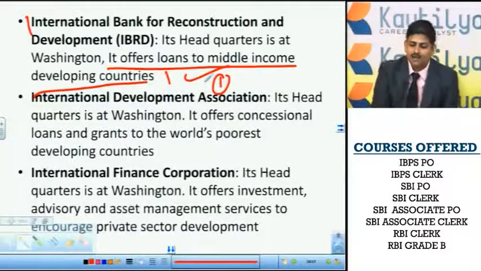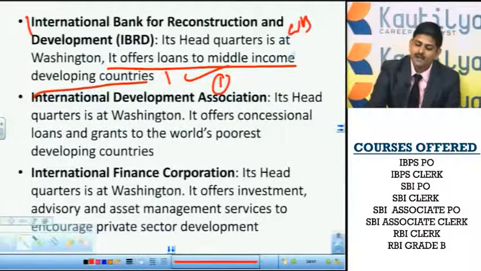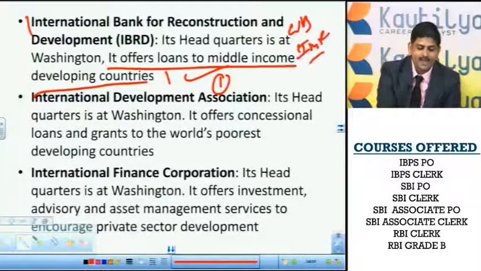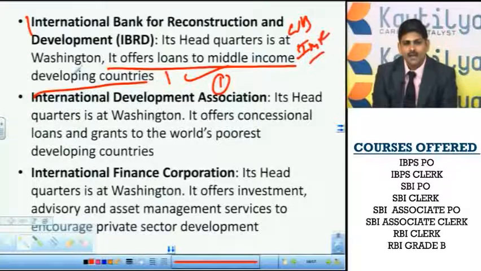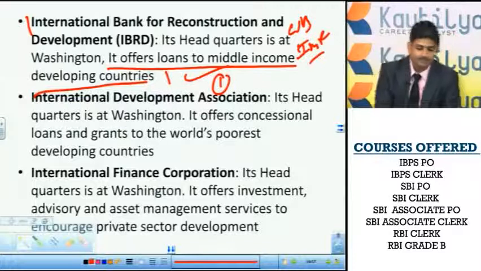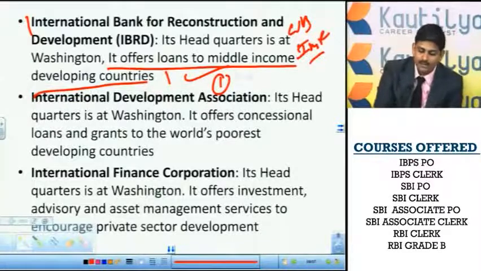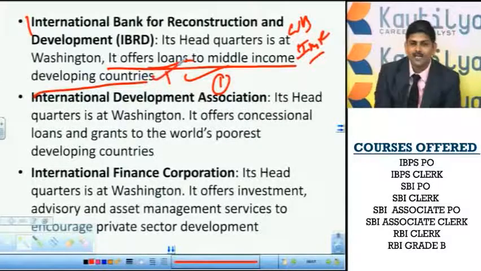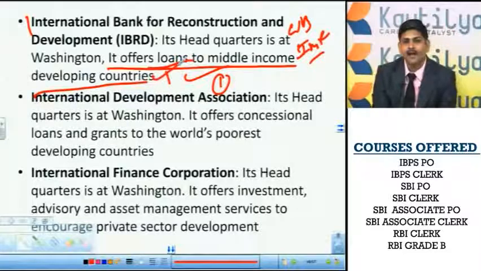That is not the IMF, that is the IBRD. The IBRD actually existed even before the World Bank, but due to the Bretton Woods discussions it became part of the World Bank. It offers loans to middle income and developing countries like India, and it has provided a lot of loans to India.